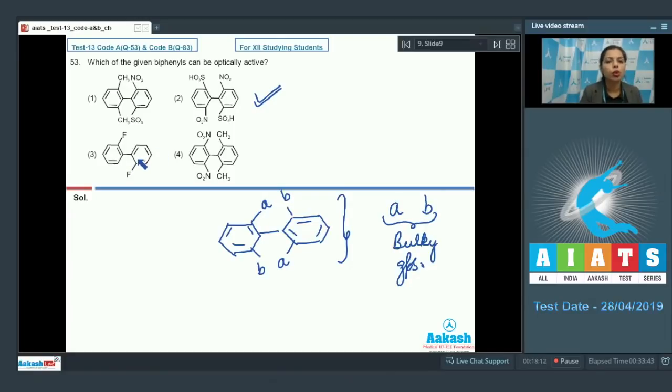This will not show optical activity due to its symmetry. Similarly, if I talk about the fourth option, NO2 is present at the same side of biphenyl. Similarly, CH3 is present at the same side of biphenyl. That's why it will also not show. So only option 2 contains the biphenyl that is showing optical activity. So the answer becomes option 2.